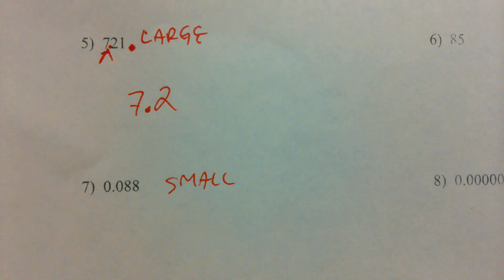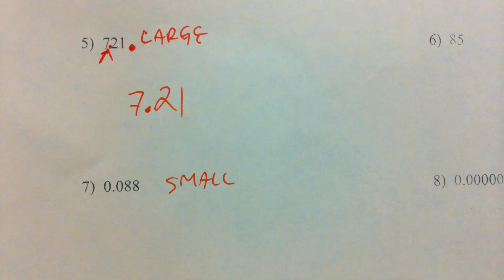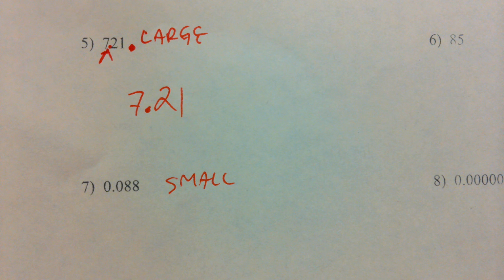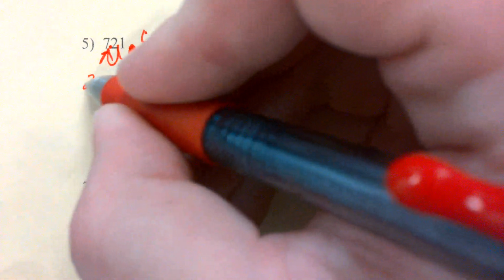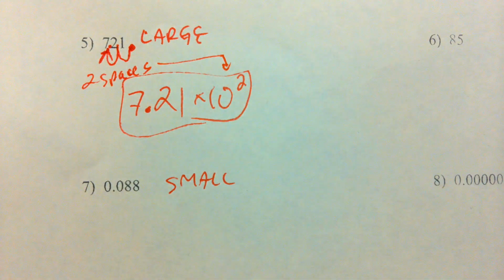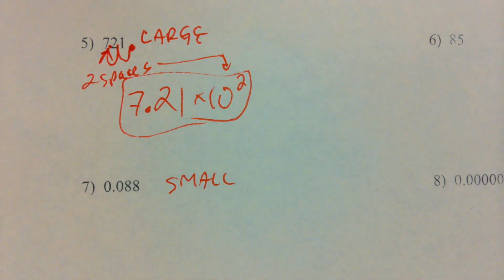No, what's it going to be? 7.21. Great job, exactly. We cannot drop any of these numbers off. We have to keep them all there, unless it's a 0, then we can forget about the zeros. So we'll count. We go over 1, 2 spaces, 10 to the second power. Two spaces tells us what our power is going to be.